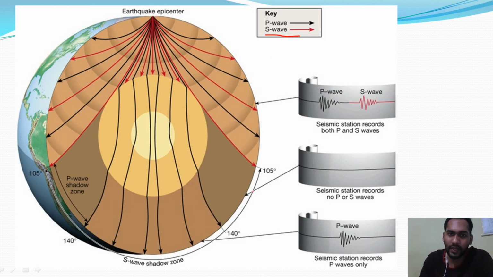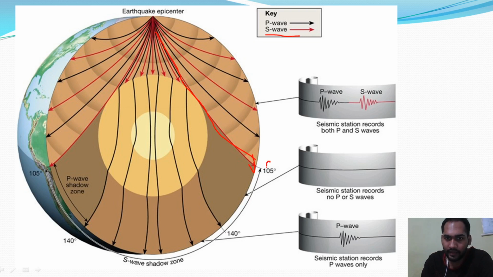So what is the seismic shadow zone? You can see here there is a ray, this is an S wave. It is coming directly from the source. It is just tossed to the boundary, not reflected, right? It is the direct ray.